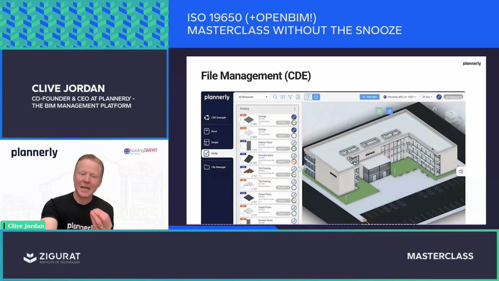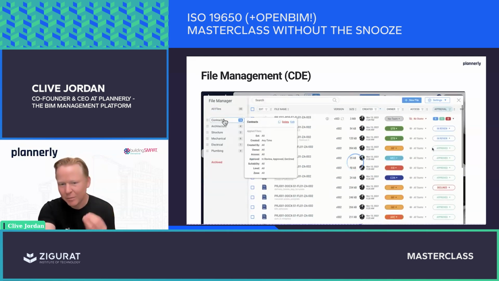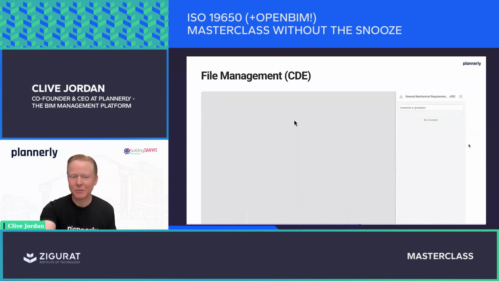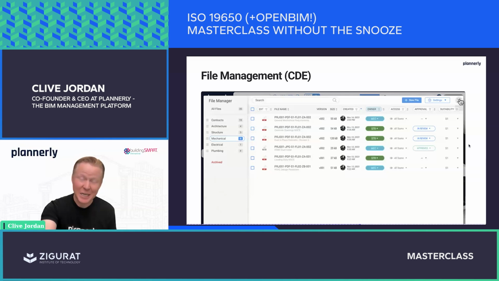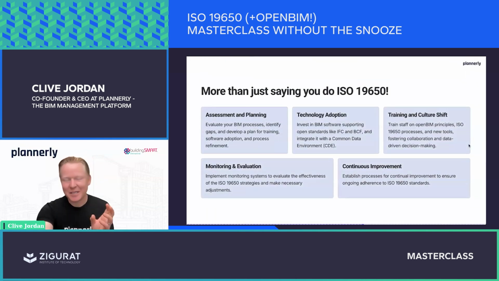So this CDE is a collection of all of your important documents so that you have permission, you know exactly where to find them, and you can get through that workflow really easily in an integrated way as well.